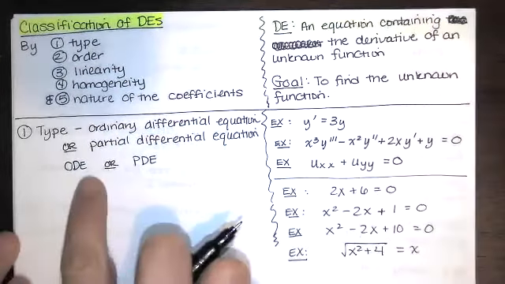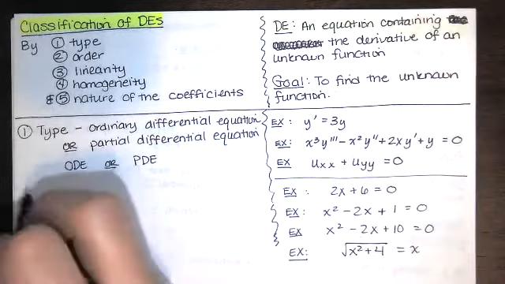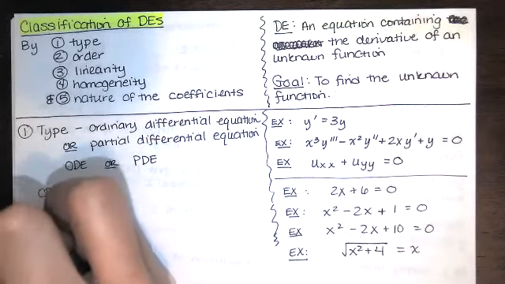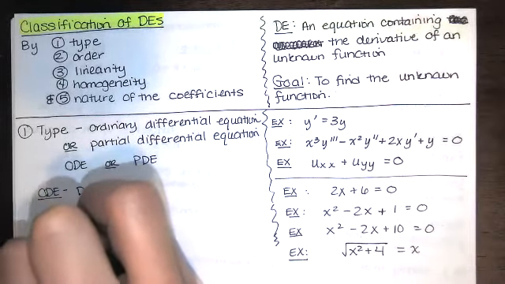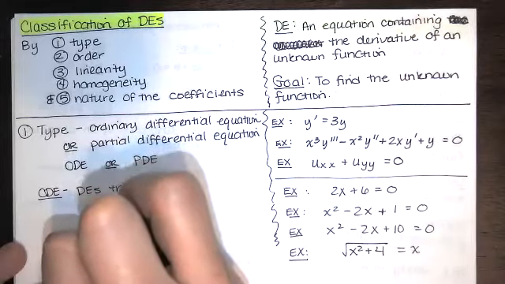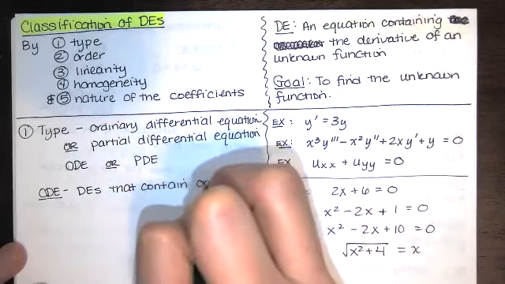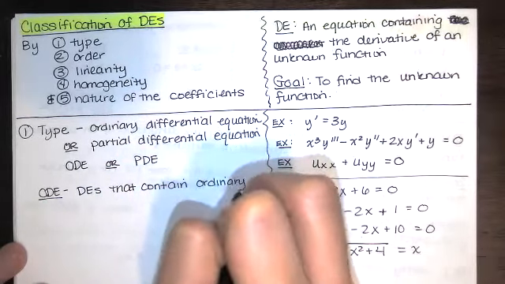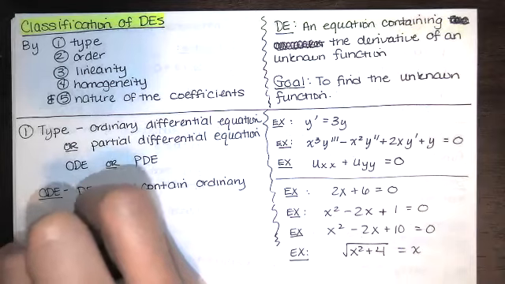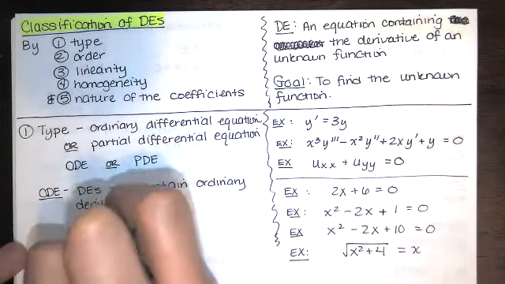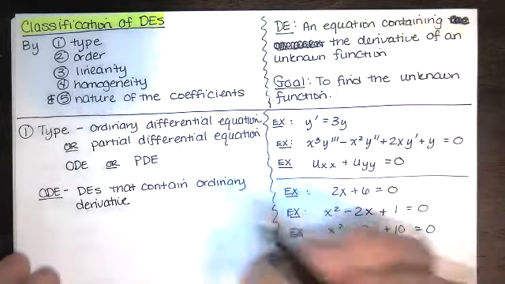This class is primarily about solving ordinary differential equations. Ordinary differential equations are differential equations that contain ordinary derivatives only. So those are just derivatives where the original function was a function of one variable.